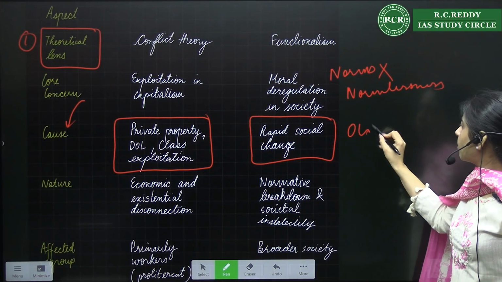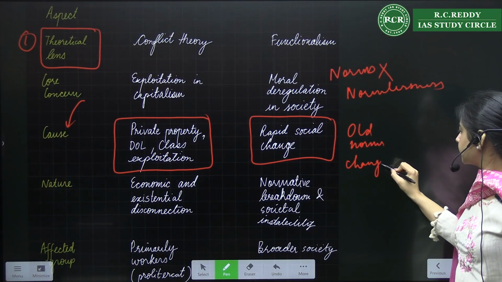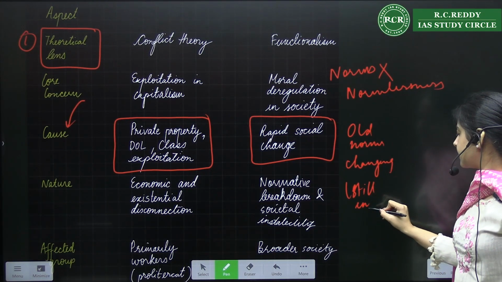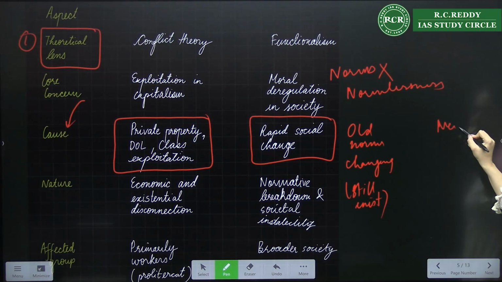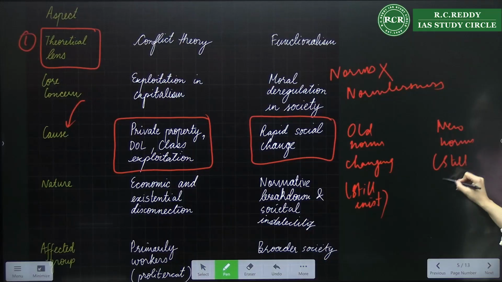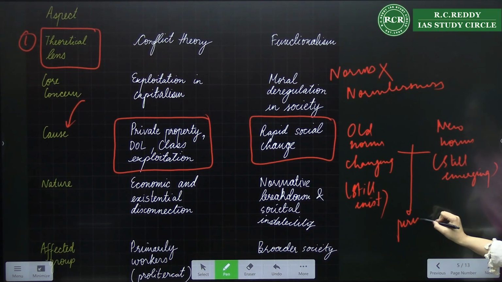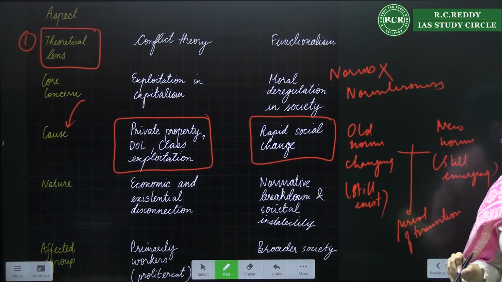When old norms are changing but still exist in some form, not fully, and new norms are still emerging, there is a period of transition where there is a lack of clarity because the change happens so quickly.